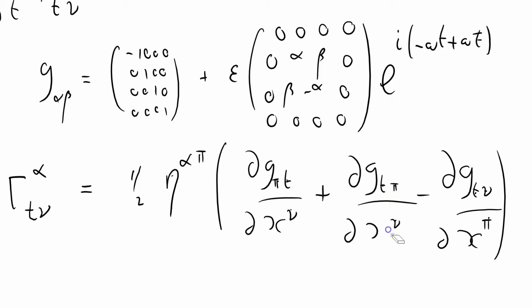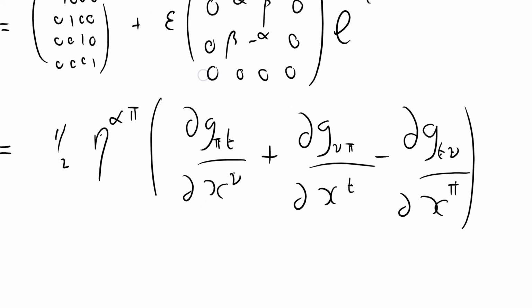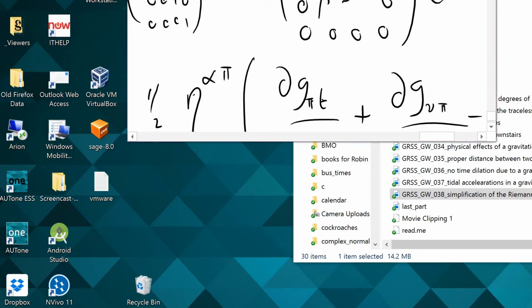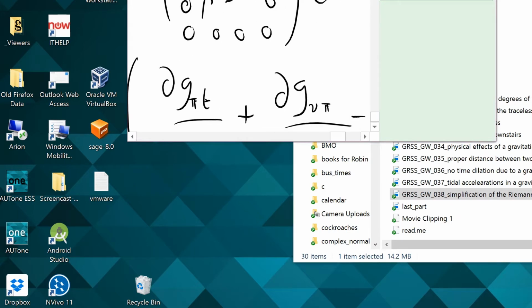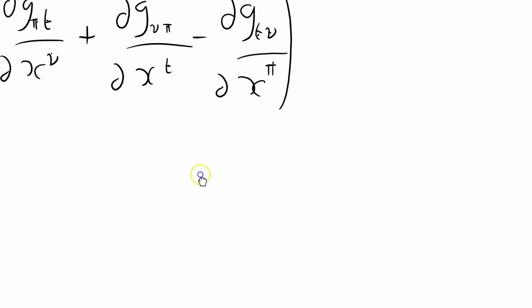So I need to scribble. It should be t and nu. There we are. So now I can do some proper cancelling. Let me do it properly this time.